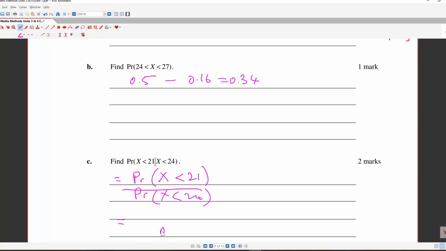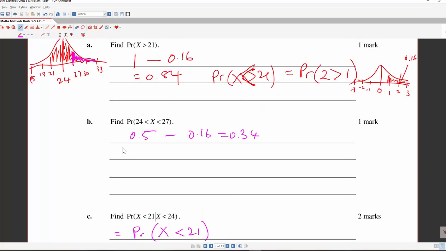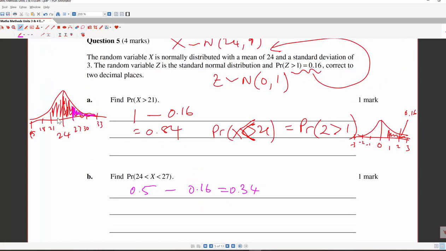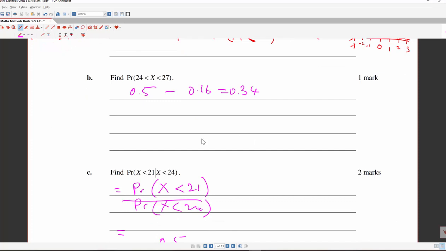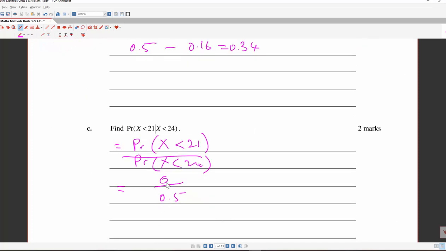Less than 24 is 0.5, and less than 21 by symmetry is the same as greater than 27 or greater than 1 over here, so we're just going to put that over 0.16, 16 over 50, 8 over 25.